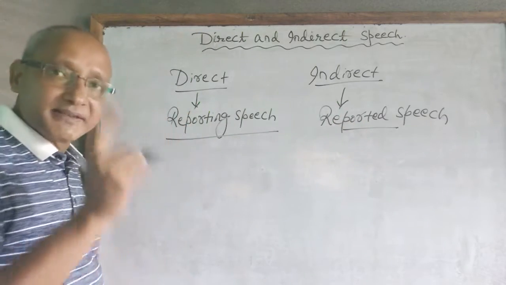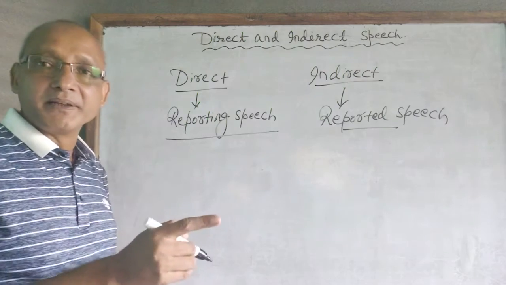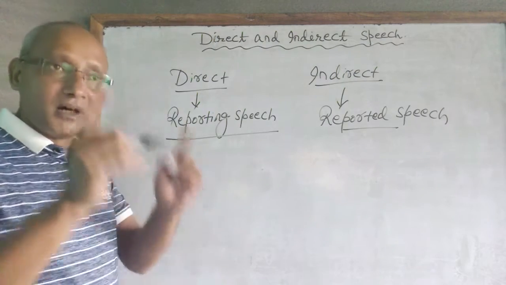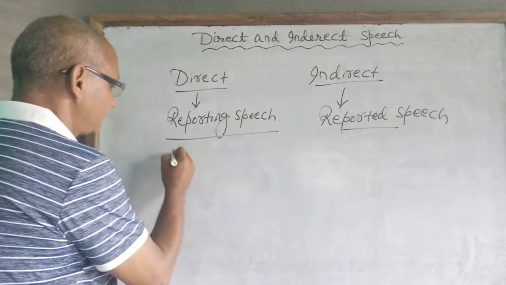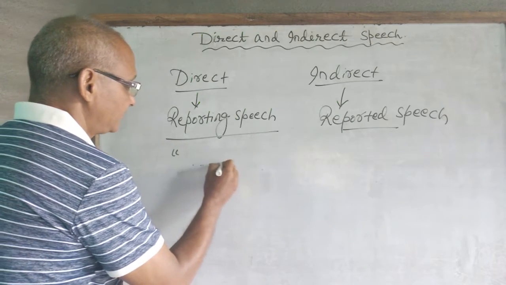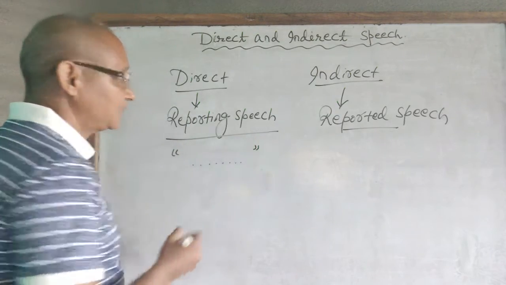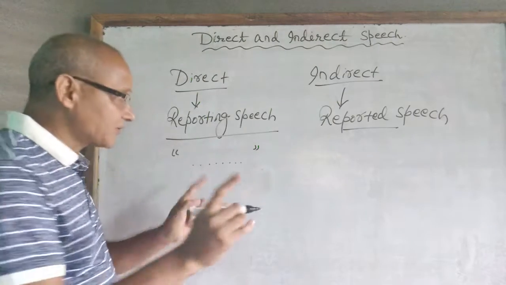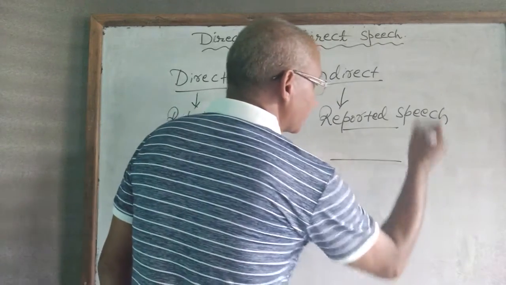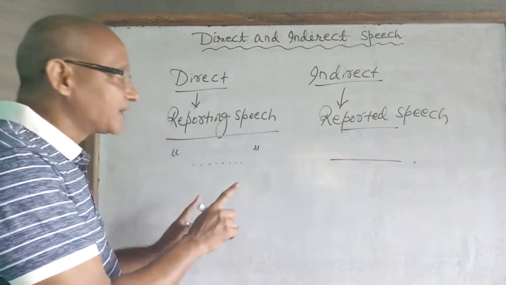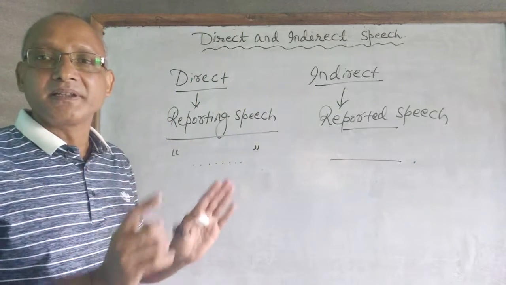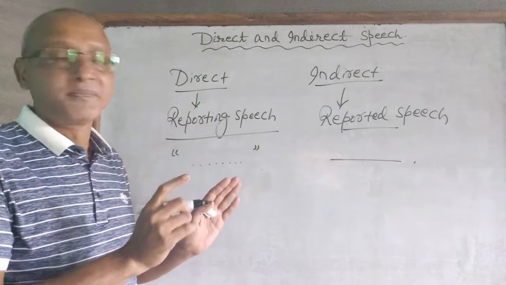Here, the exact words spoken by the speaker are always within the frame of inverted commas. Whereas in indirect, we don't use inverted commas, just a full stop. This is the first simple thing about direct and indirect speech.